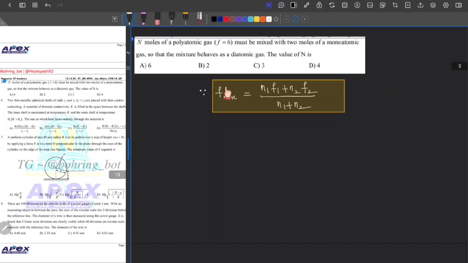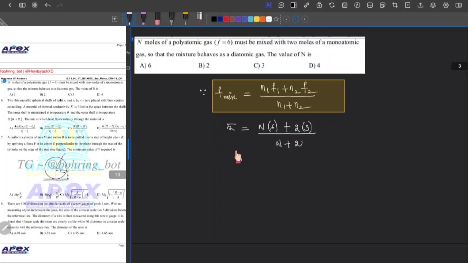Now this f mix is acting as a diatomic gas. You know the degrees of freedom for a diatomic gas, how much is it? 5. So 5 is equal to, you don't know the number of moles, so n, and degrees of freedom is 6, plus here n2 is 2 moles, and degrees of freedom for monatomic is 3, by n plus 2.